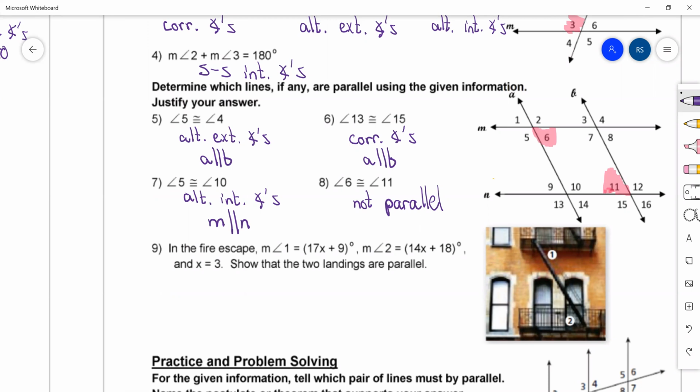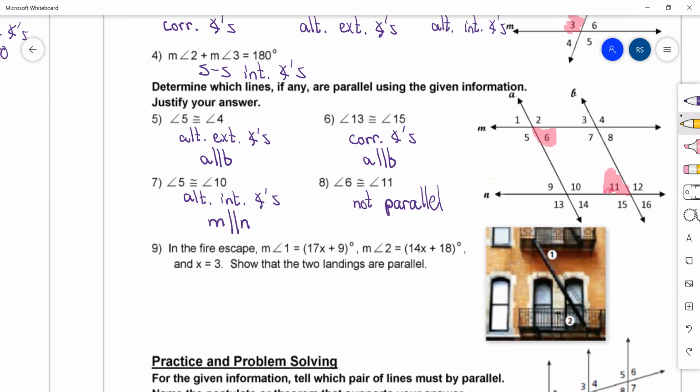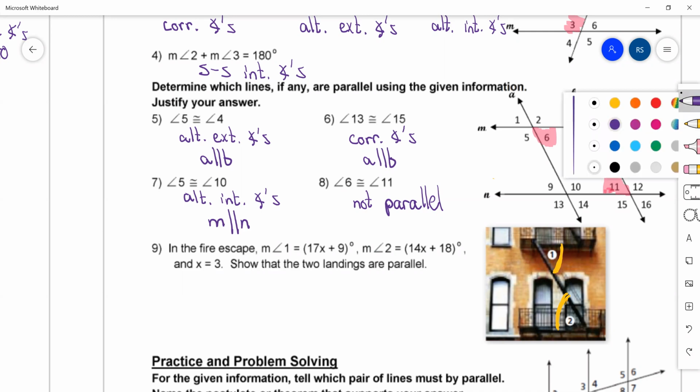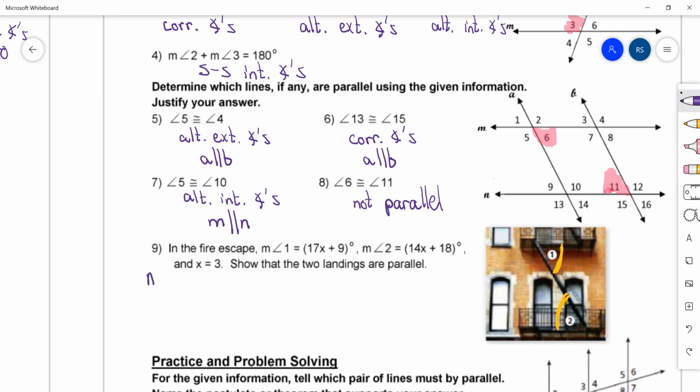Okay, number 9. They give us some information about this fire escape. So we're asked about angles 1 and 2 here. What kind of angles are those? These are alternate interior angles.